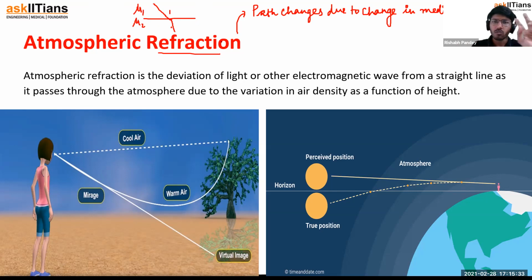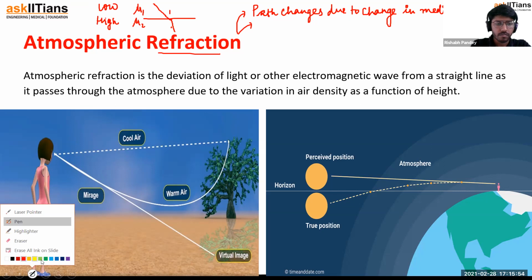For example, there are 2 factors which play a role. Temperature plays a role in the concept of density. Higher density, lower density, we can have the concept, right? This is like the lower density, this is the high density. The factor which plays a role here is temperature.